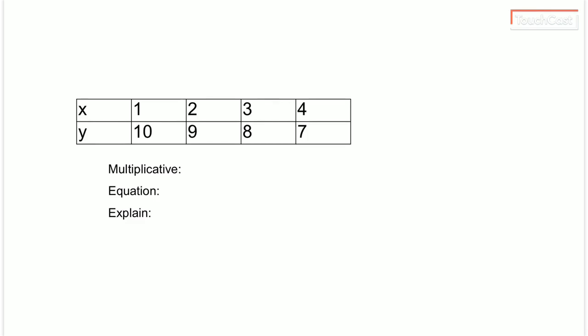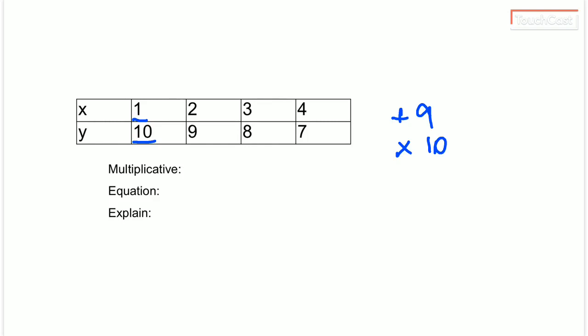For our next example, we have to do very much the same as what we did before. We have to figure out how we would get from the input of 1 to 10 mathematically, and we could add 9, or we could multiply by 10. And we need to use the other numbers in the table to find out which one of those works.